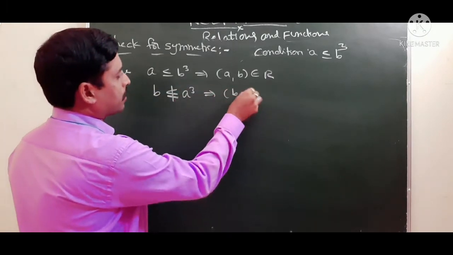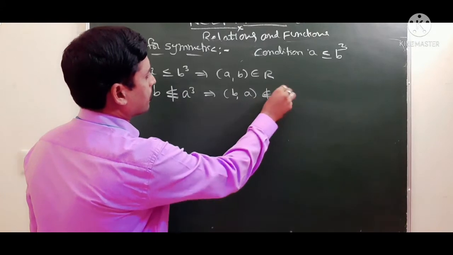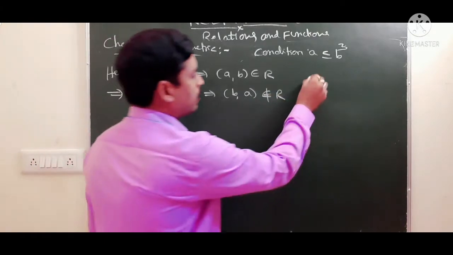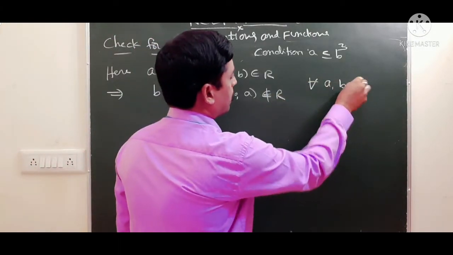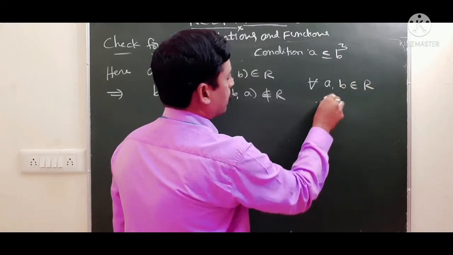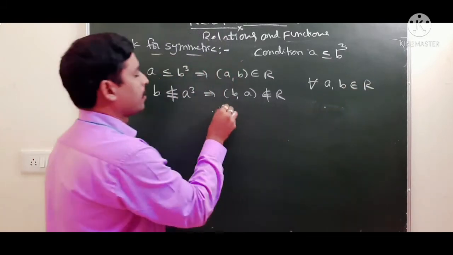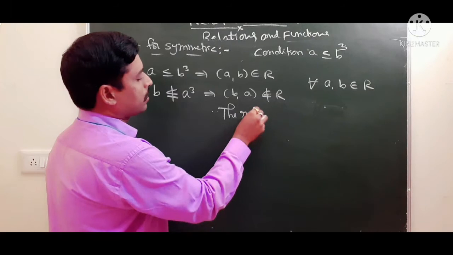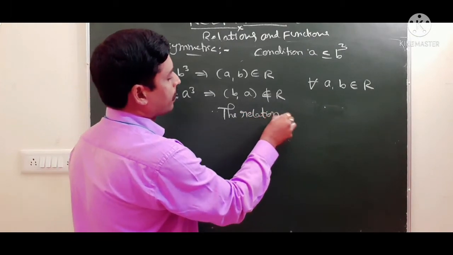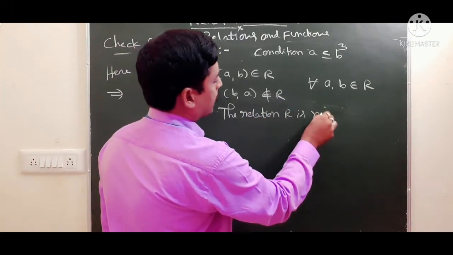Therefore, (b, a) does not belong to R for all a and b belonging to R. Therefore, the relation R is not symmetric.